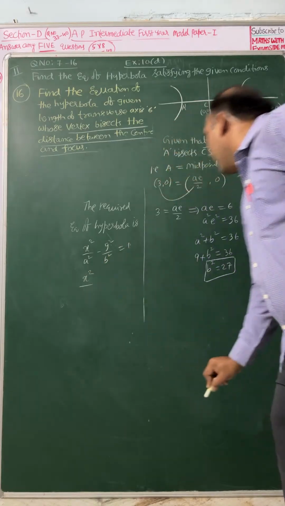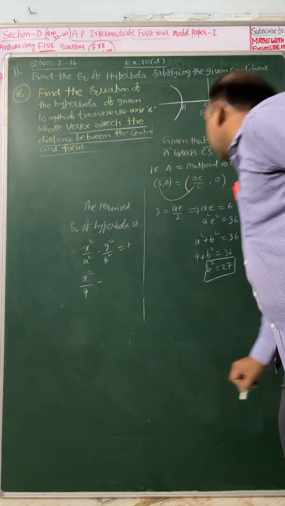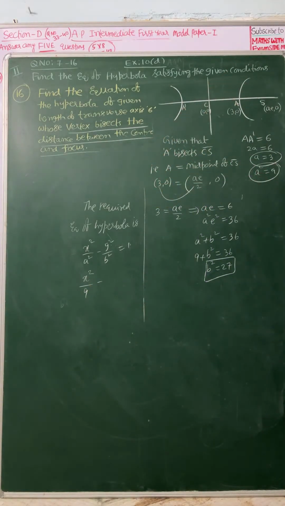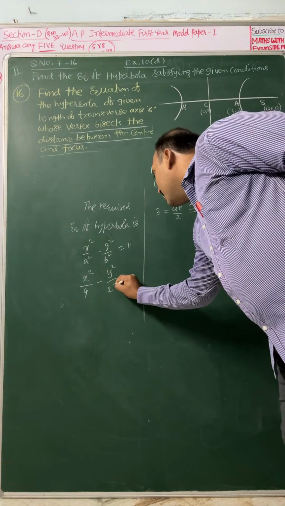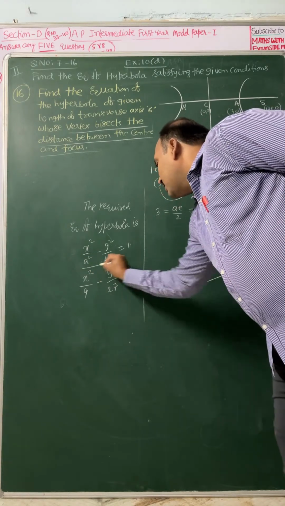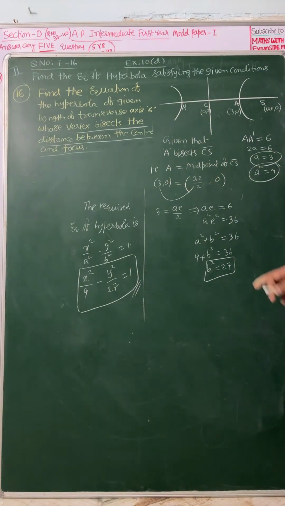So x²/9 − y²/27 = 1. If you want to simplify, you can simplify, otherwise leave it here, students. 9 and 27, LCM is 27. So 3x² − y² = 27. Like this also we can write it.